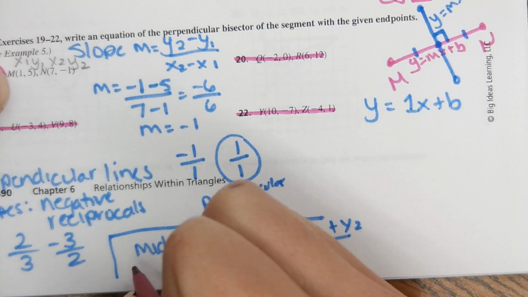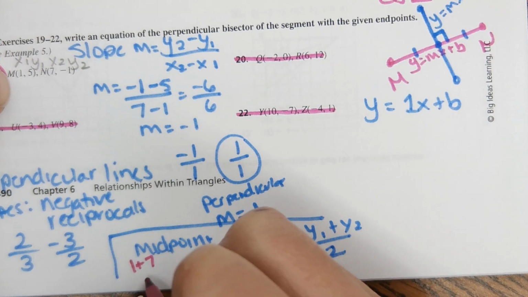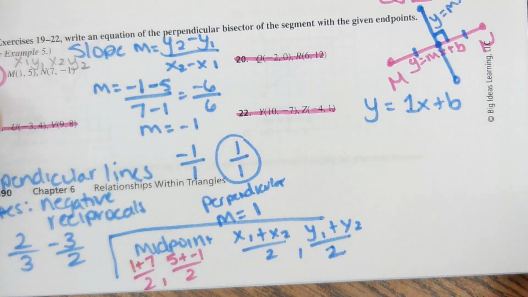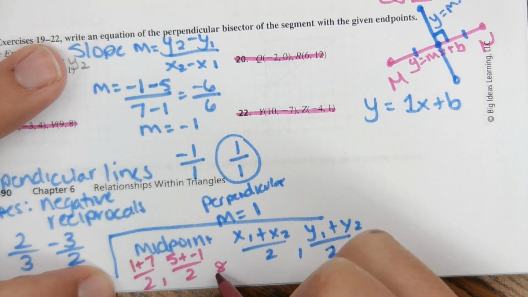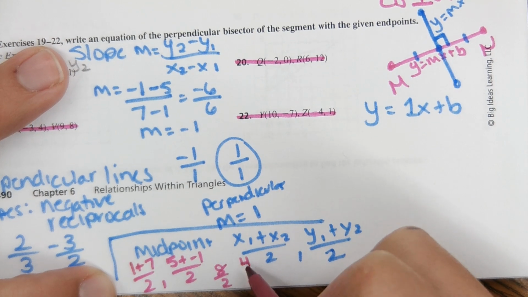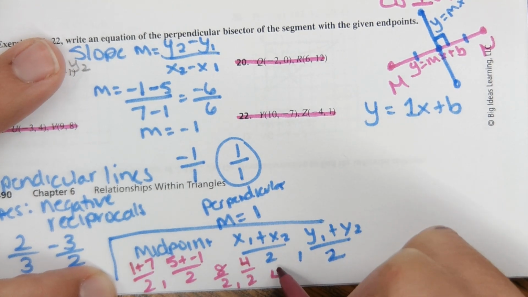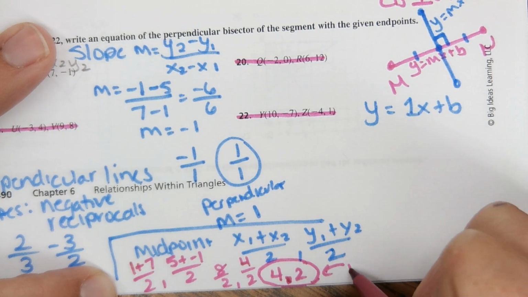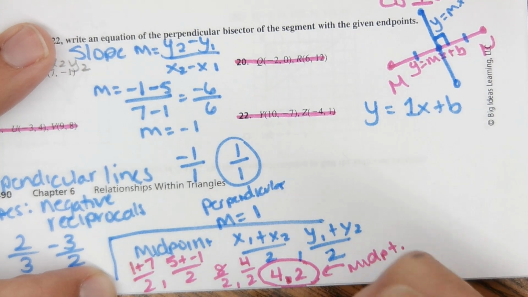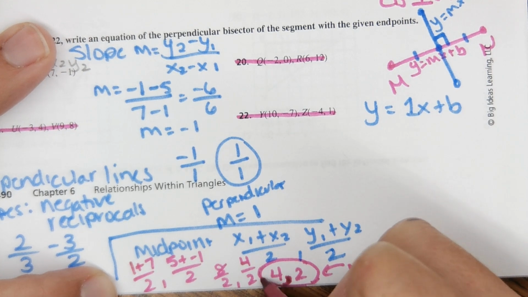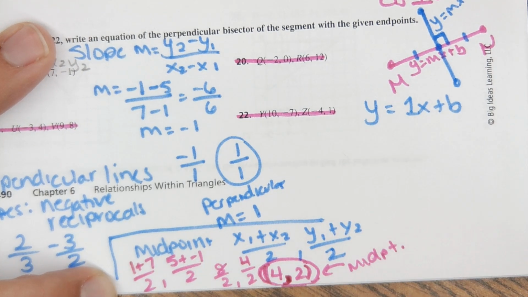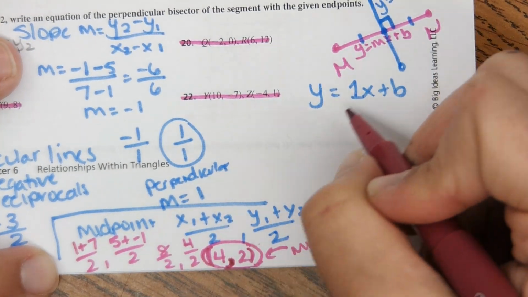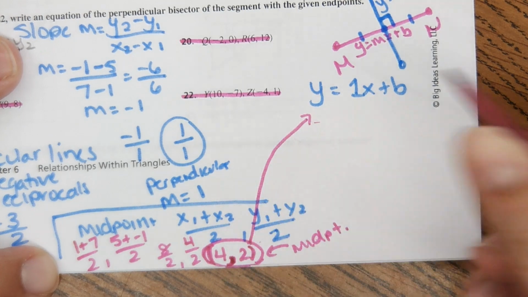Okay, add the x's: 1 plus 7 over 2, and the y's: 5 plus -1 over 2, which gives you 8 over 2 and 4 over 2, which would be 4 and 2. So this is our midpoint, in parentheses with a comma if you want to be technical. So our midpoint is (4, 2), and that is what we're plugging in for x and y.